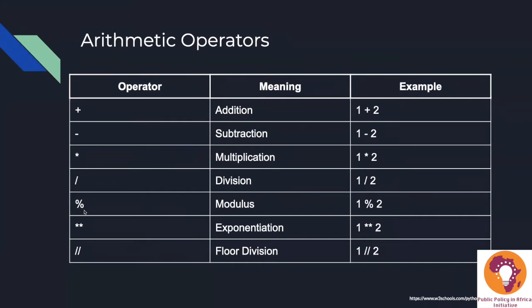The modulus operator, so that's the percent sign. In case you're not familiar from math, modulus is basically divide these things and take the remainder. So if I did 10 modulus 5, that evaluates to 0 because the remainder in that case is 0. But if I did 12 modulus 5, that evaluates to 2 because the remainder there is 2.